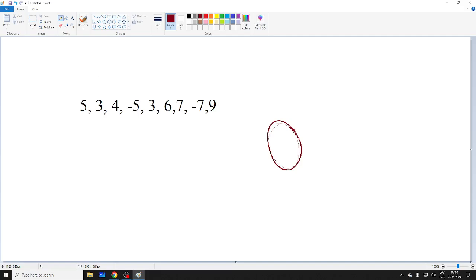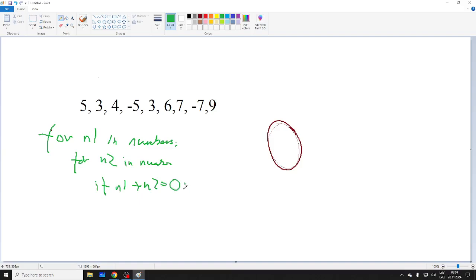So in pseudocode, it would look something like: for n1 in numbers, and then you check with the other number, for n2 in numbers, if n1 plus n2 equals 0, then win.